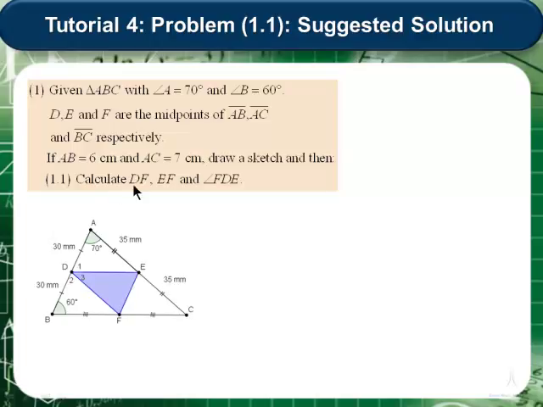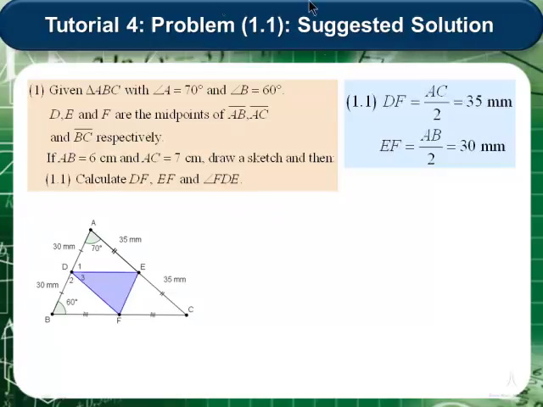So you need to calculate firstly the length of DF as well as the length of EF and angle FDE or angle 3 as indicated. Now the first two parts are relatively easy.